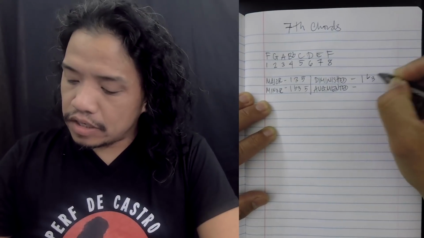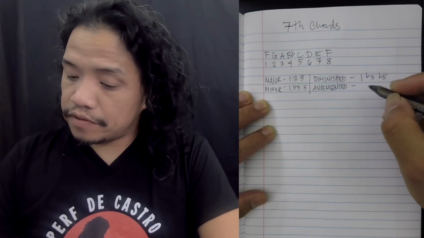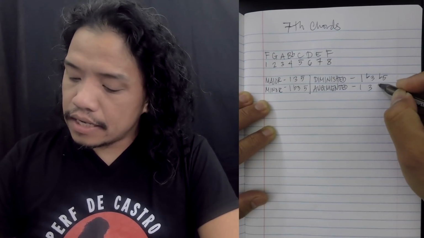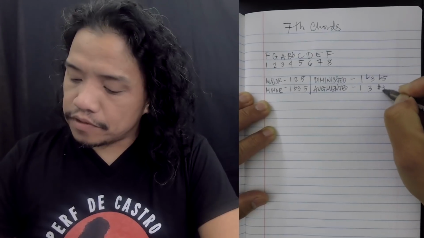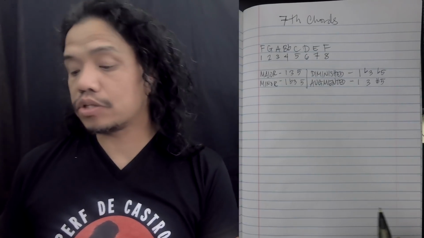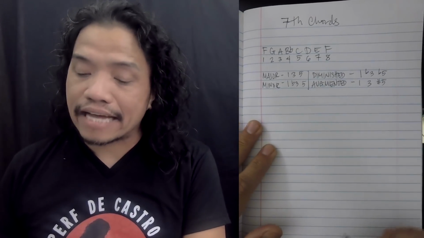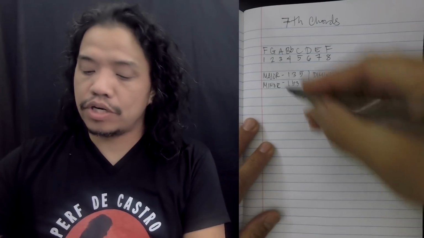Diminished has the 1, the flat 3rd, and flat 5th, or minor 3rd and diminished 5th, and finally augmented has the 1, the major 3rd, and the augmented 5th or the sharp 5th. And again, as a refresher, to get the triad notes, we stack thirds on top of each other. So we have the root, 3rd from the root is the 3rd, 3rd from the 3rd is the 5th.